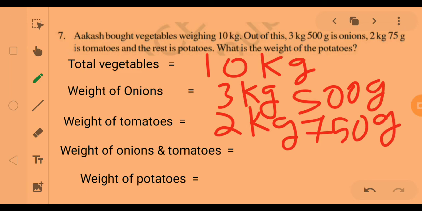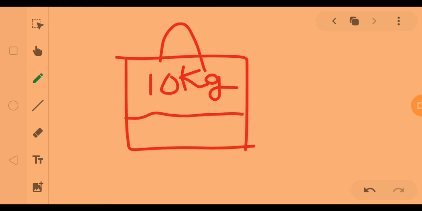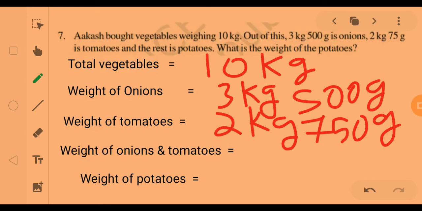Now let us assume this condition. Assume that Akash had a carry bag. In this carry bag, he bought 3 types of vegetables. The total weight of these 3 types of vegetables is 10 kilogram. Among these 3 types, onions are there.